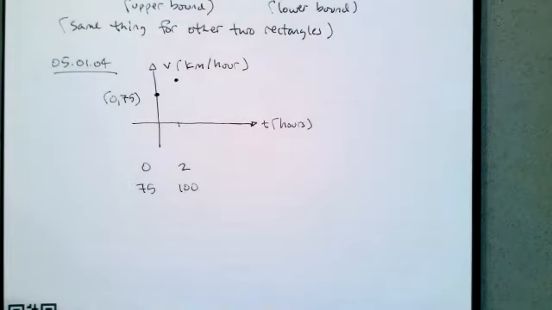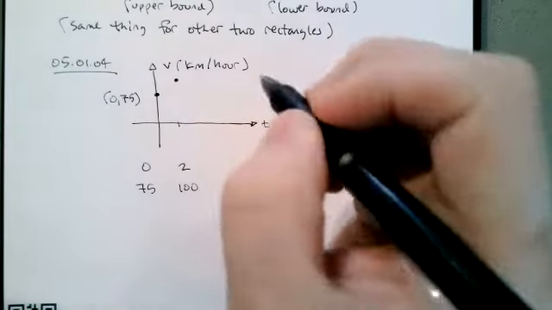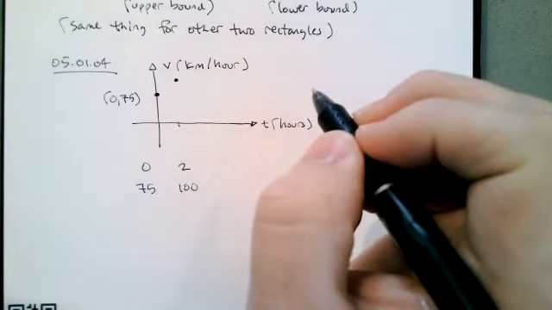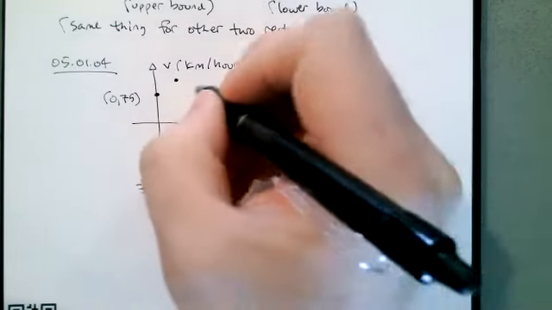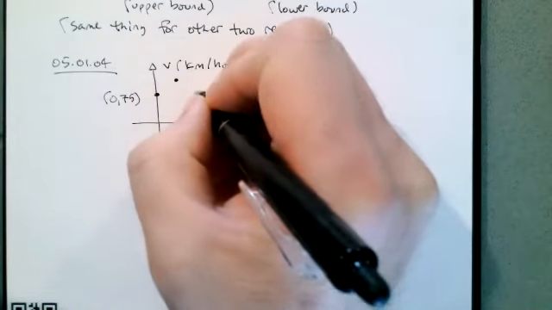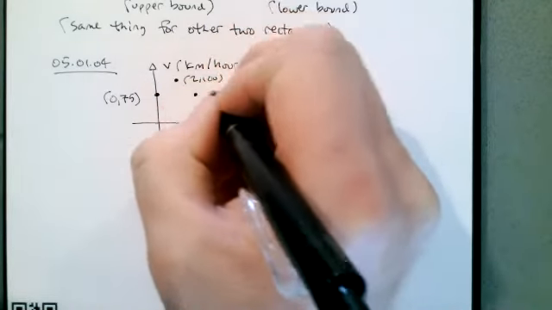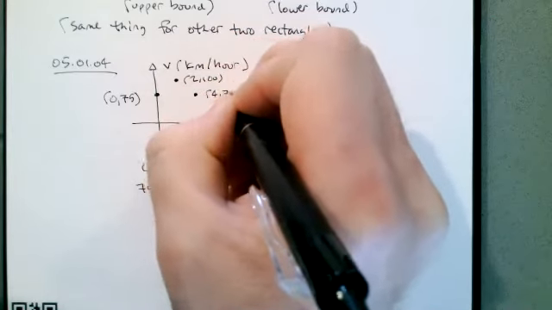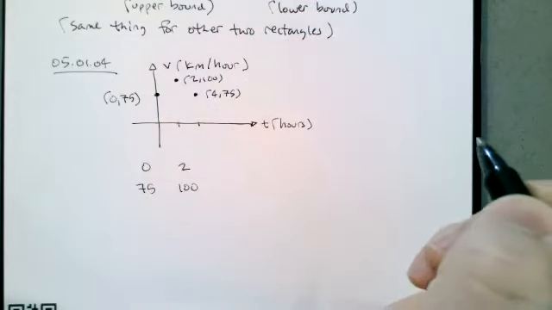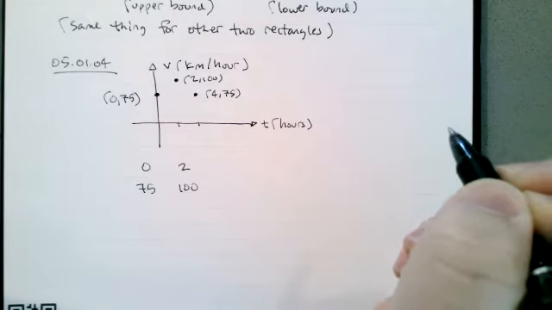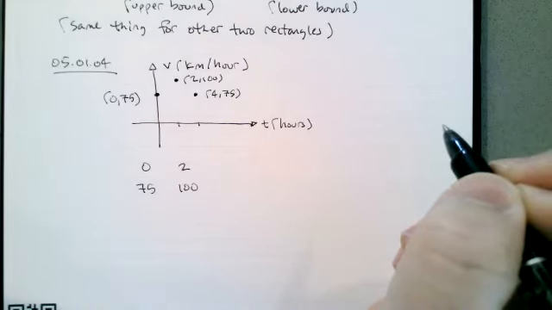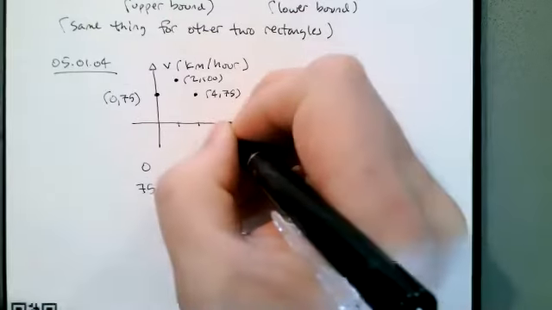And then at 4 hours, it looks like we are back down to 75. Then at 6 hours, we go all the way down to 0. Oh, we hit traffic.